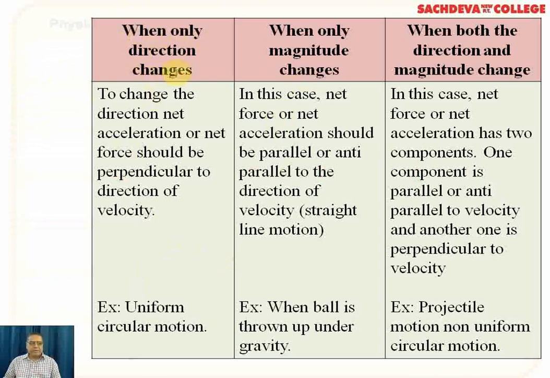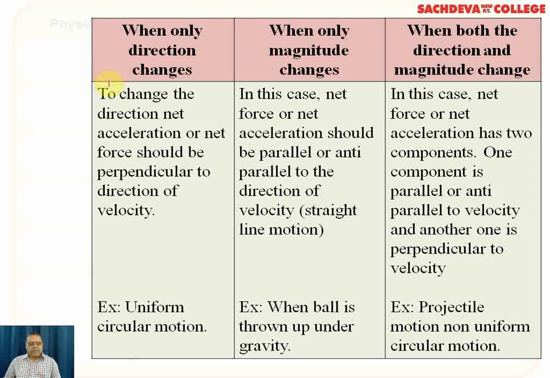For example, a particle is moving in circular motion. At every instant of time, the position of the particle goes on changing on the circumference. Whenever the particle is at one position, at that point we draw a tangent. The direction of the tangent represents the velocity, and if it goes to the next position, the direction of the tangent changes.